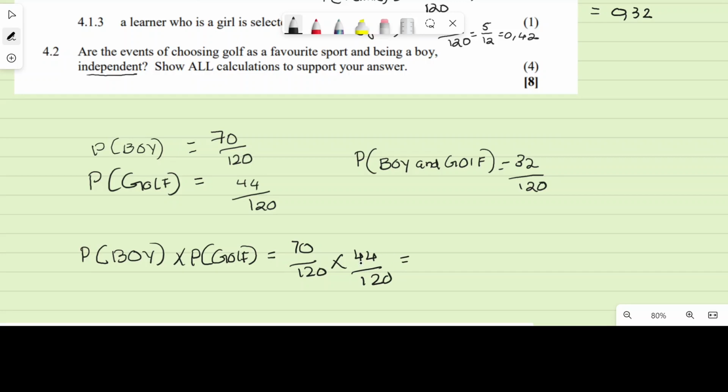What do we get here? We can always write this as a decimal to compare, which is going to be 0,21. Here also you find the probability of being a boy and playing golf. That will be equal to 32 over 120, which is 0,27.